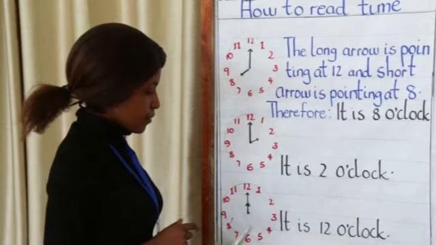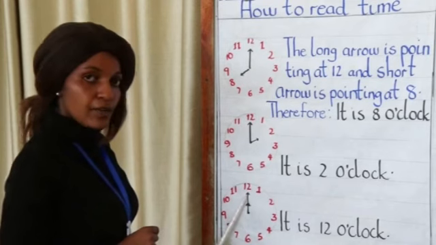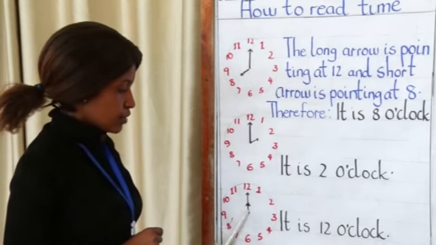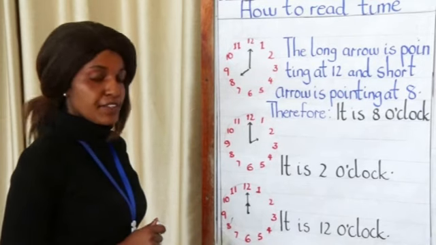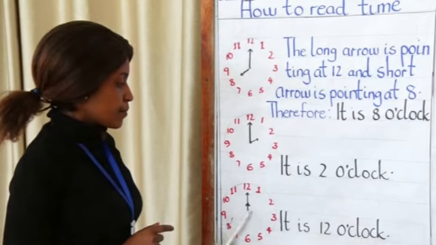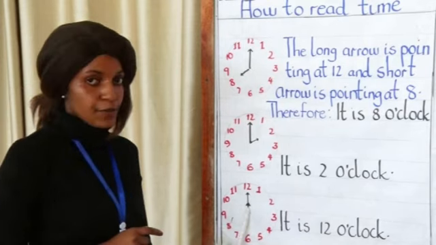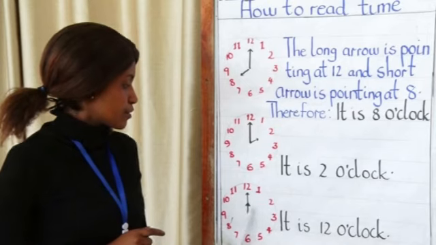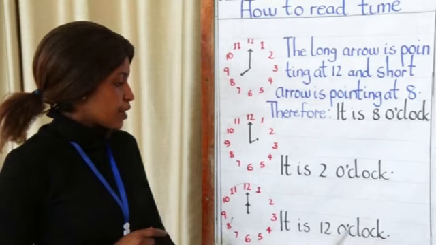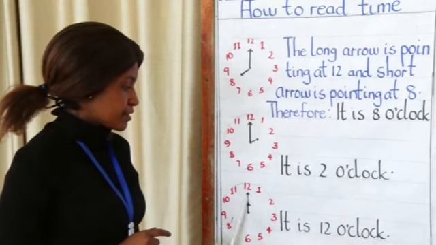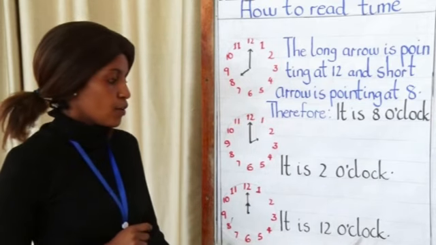Again, here we have a drawing whereby both arrows, the long one and the short one, point exactly at 12. How are we going to read this time? We read time as normal. We start with the short arrow. It is 12. Since the short arrow points at 12, then we read minutes pointed by the long arrow at 12 as o'clock.